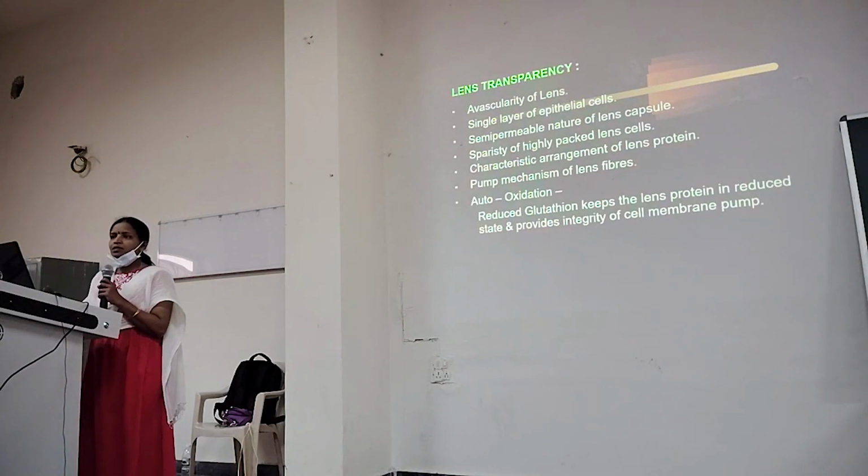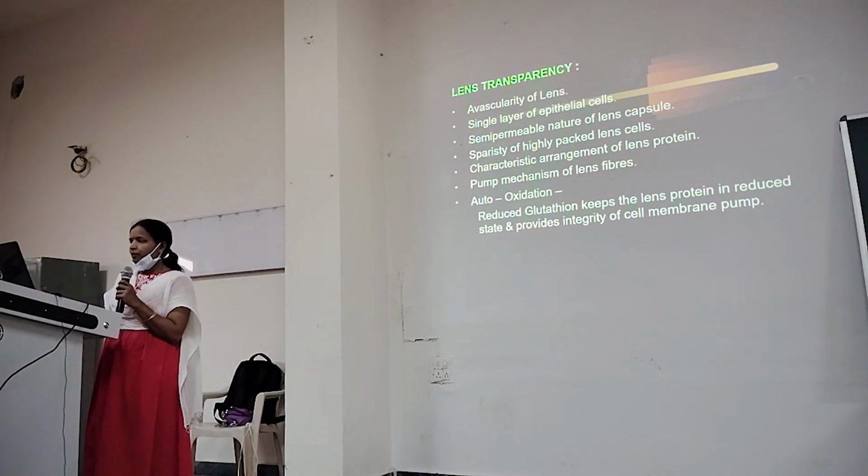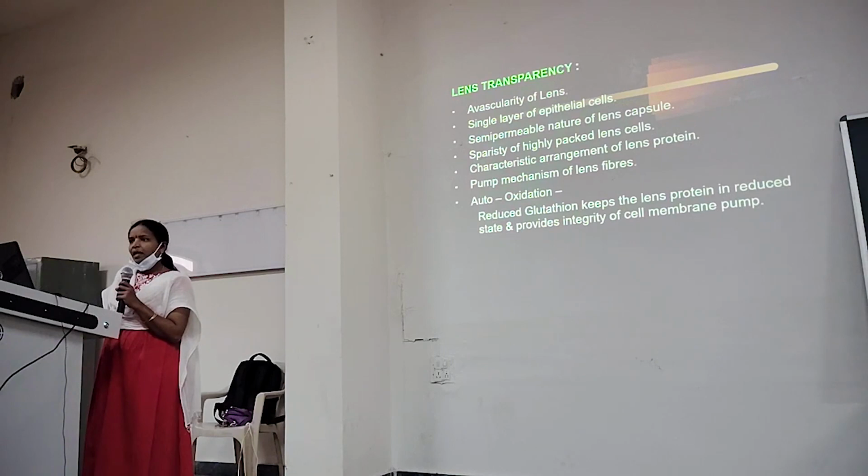So lens transparency is maintained by its avascular nature, the single layer of epithelial cells, the semi-permeable nature of the lens capsule, the tight packing and regular arrangement of the lens fibers, and the characteristic arrangement of the lens proteins.